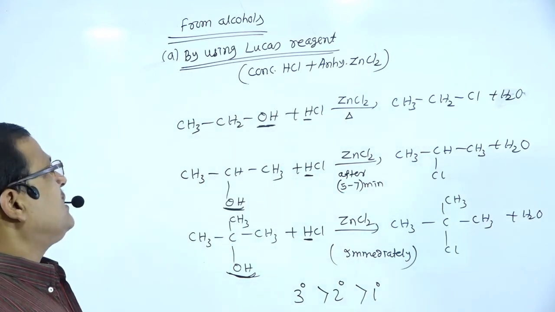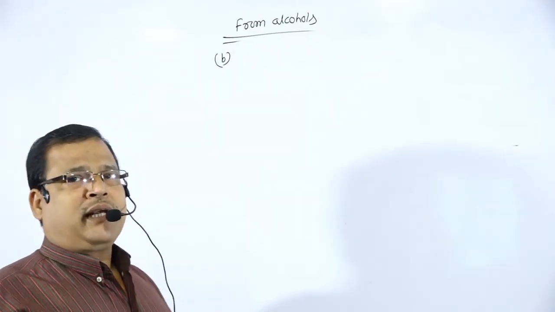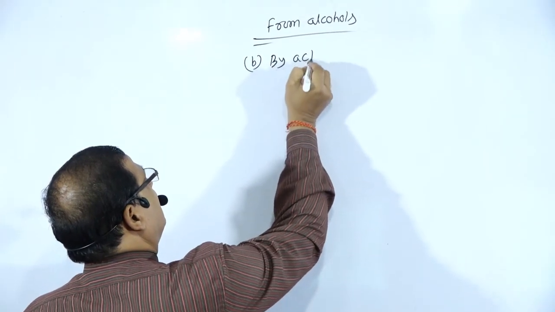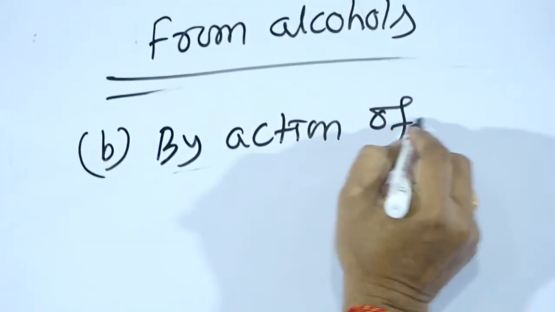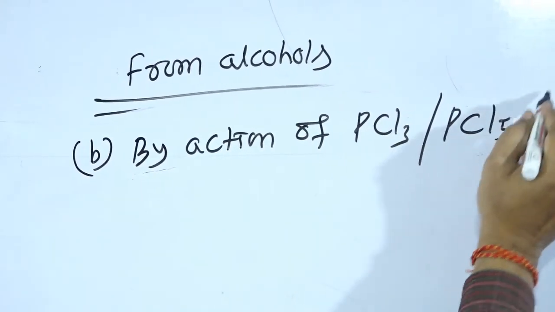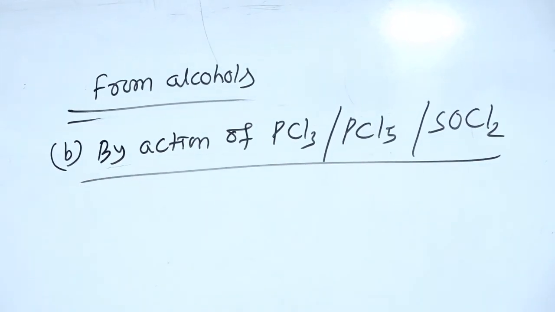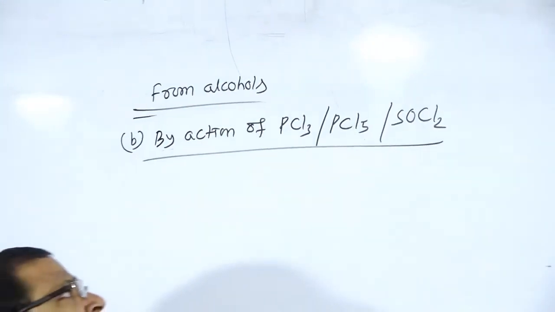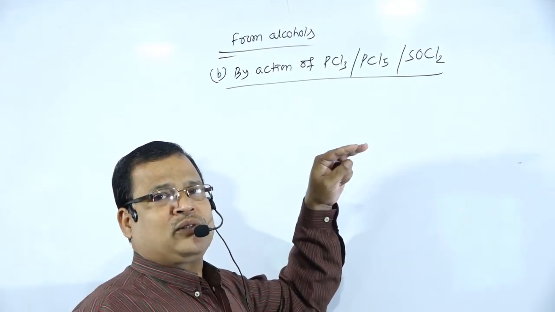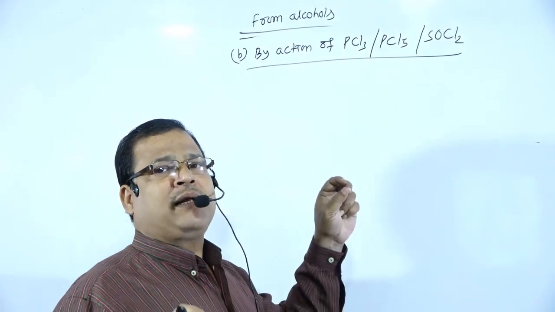In the second case, we will see preparation from alcohols again, by the action of PCl3, PCl5, or SOCl2, that is thionyl chloride. In these cases, in the formation of the chloride, the OH group of the alcohol gets replaced by chlorine.